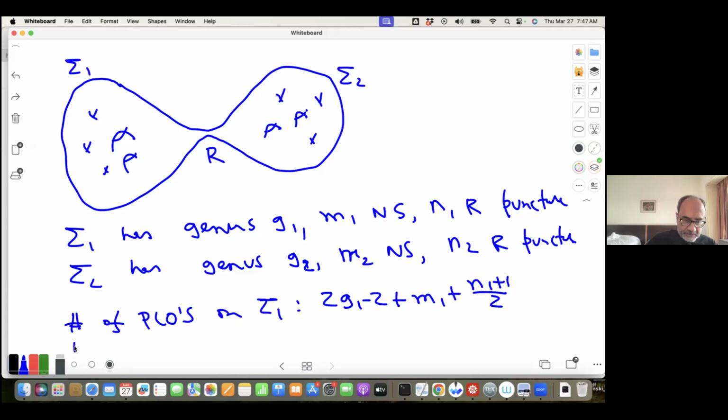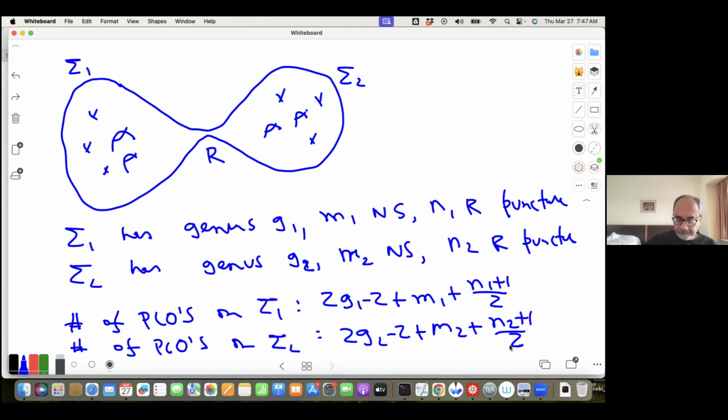And similarly, the number of PCOs on sigma 2 is 2G2 minus 2 plus M2 plus N2 plus 1 over 2.